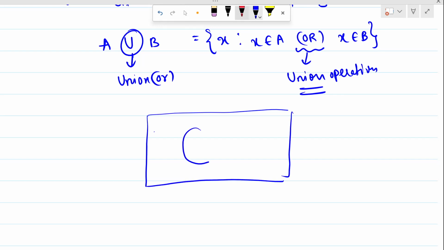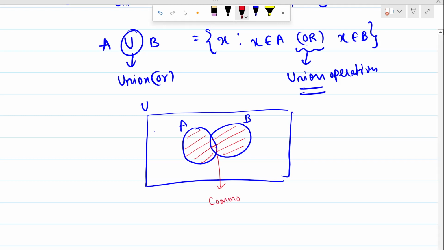So if we have set A and set B, union will be all the elements belonging to A and B, where the common region is taken only once.